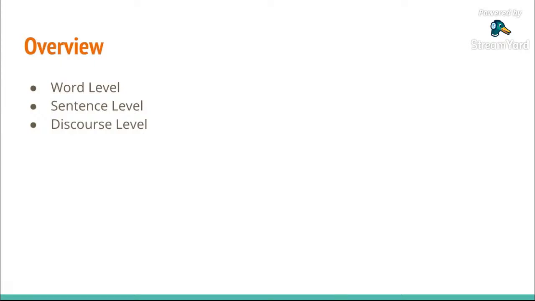If you take any sentence like "I'm teaching this class", there can be analysis at word level, sentence level, and discourse level, which is basically a text level. We will look into multiple processing steps at word level, sentence level, and discourse level, and discuss some of those concepts here.